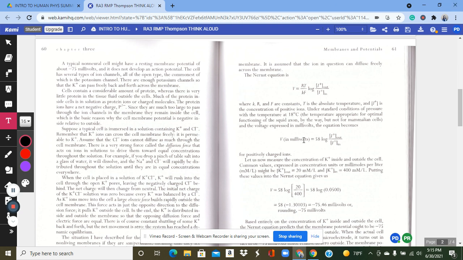So V in millivolts is equal to 58 log, for positively charged ions. Okay, so because they changed the conditions of the pressure and the temperature.